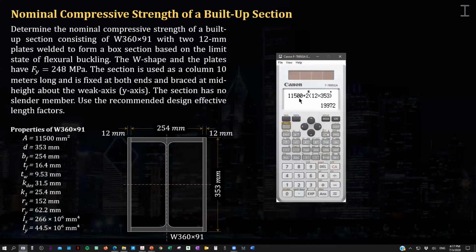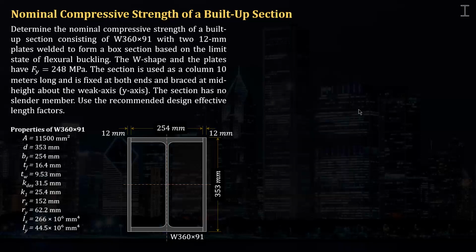The area of the steel is 11,500, and add twice the area of the plate, so that is times 12 times 353. We get 19,972 square millimeters.